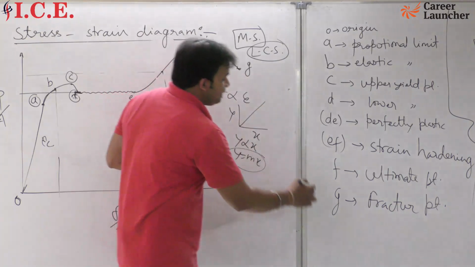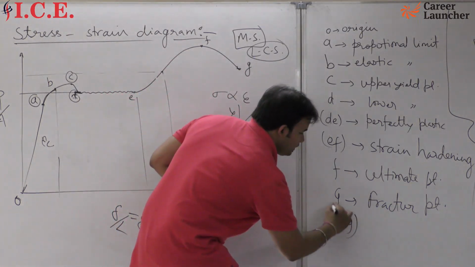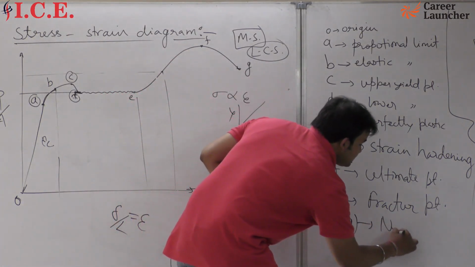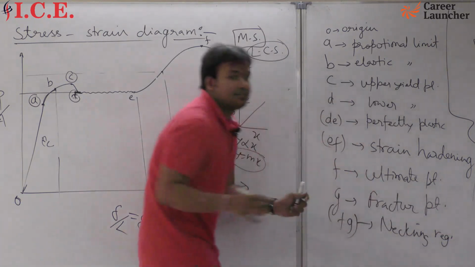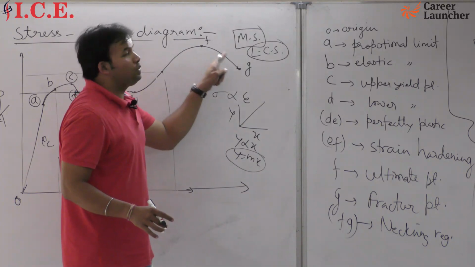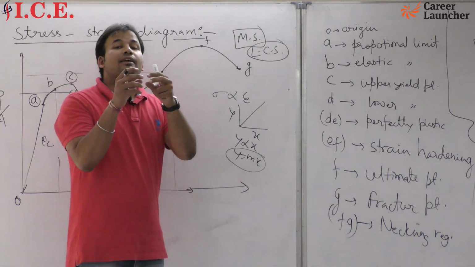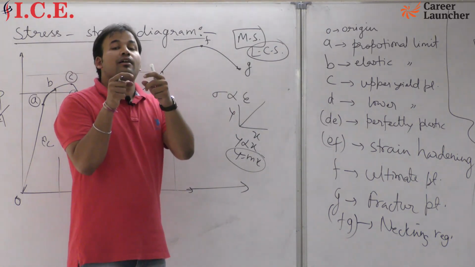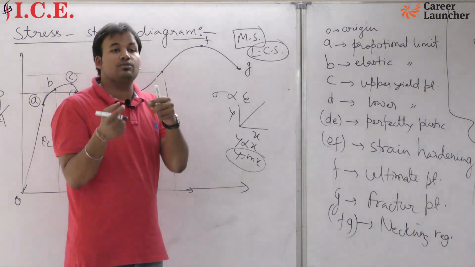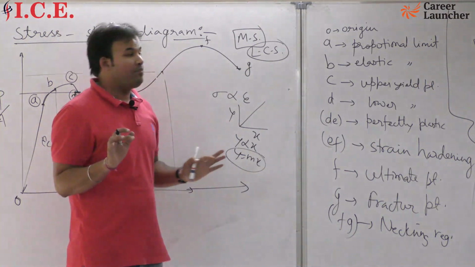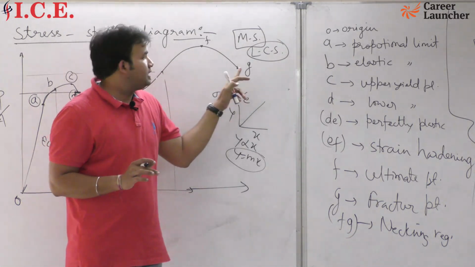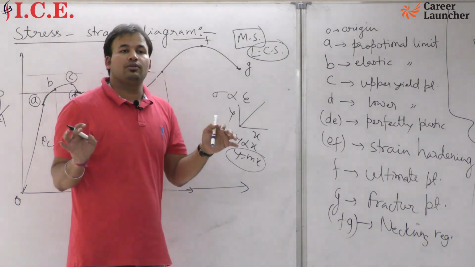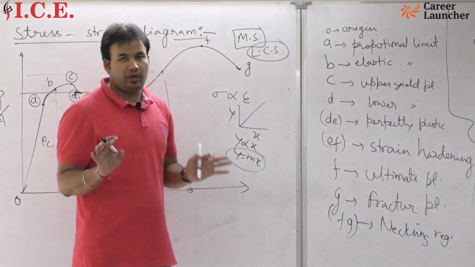And from F to G, it will be your necking region. Necking region means from point F to G there will be necking formation. Object में necking formation start हो जाएगा जिससे उसका area बहुत कम होने लगेगा. And G will be your fracture point. Okay? Fracture means at this point your object will rupture. Your object will fall. Okay?